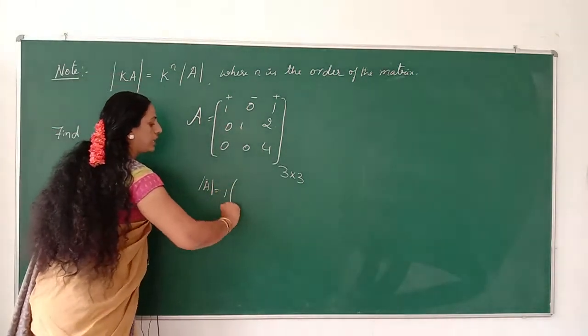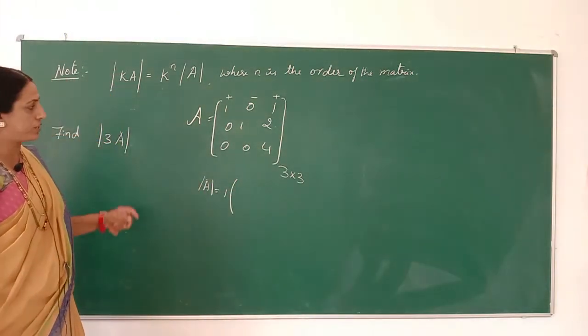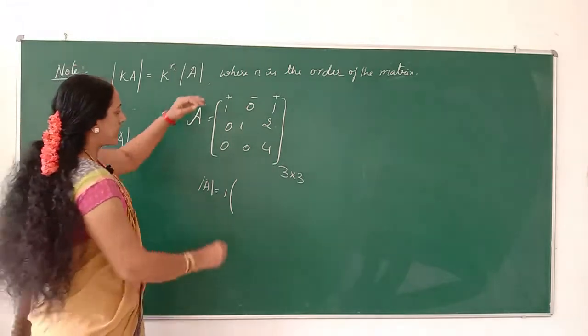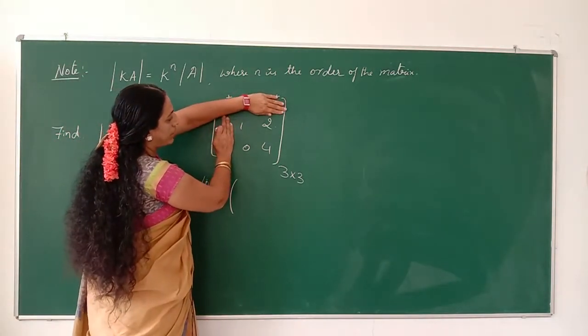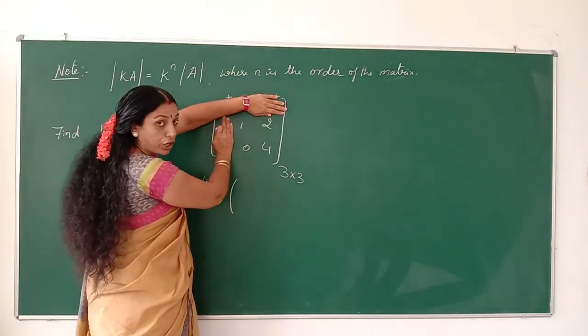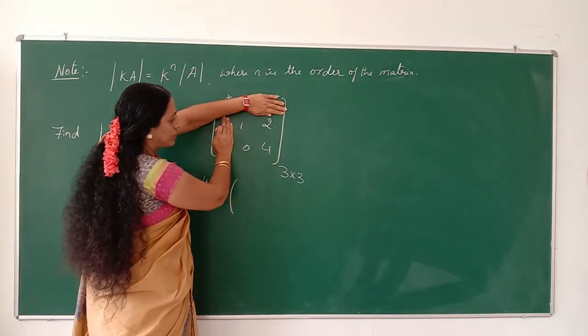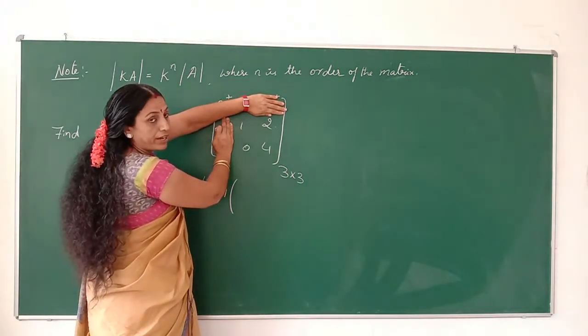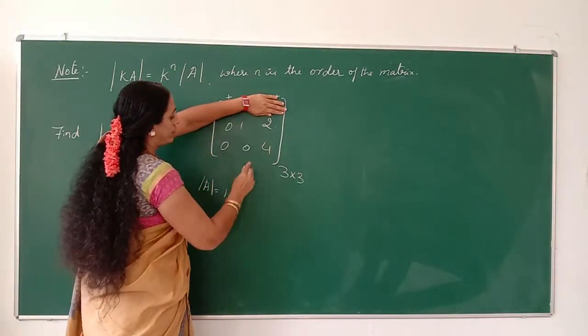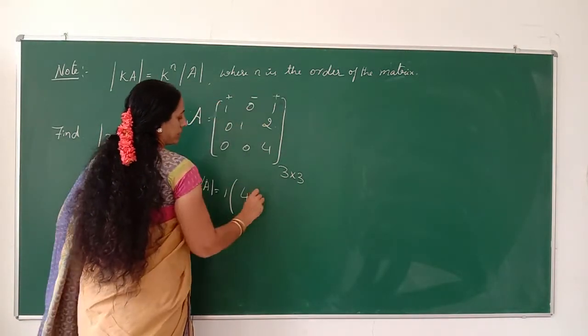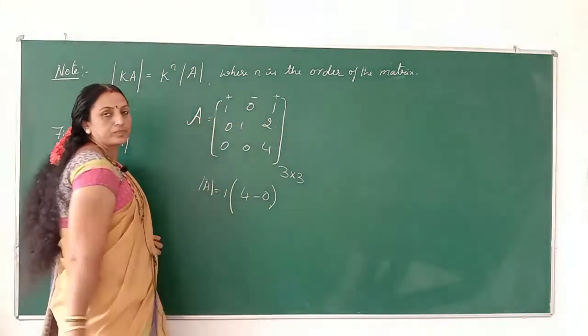So 1 is an element of the first row and first column, and these elements get neglected, and the remaining elements form a 2 cross 2 determinant. So just multiply the left diagonal minus the right diagonal. Left diagonal is 4 minus right diagonal is 0.